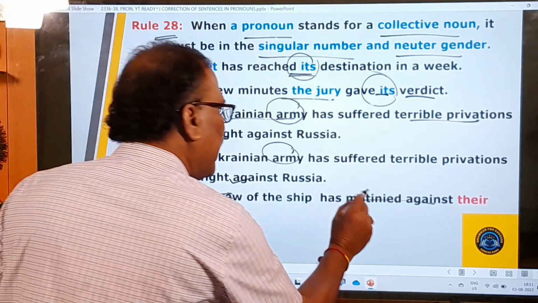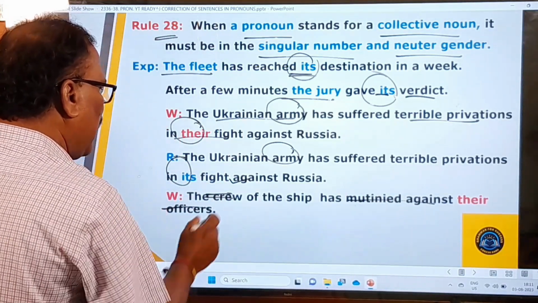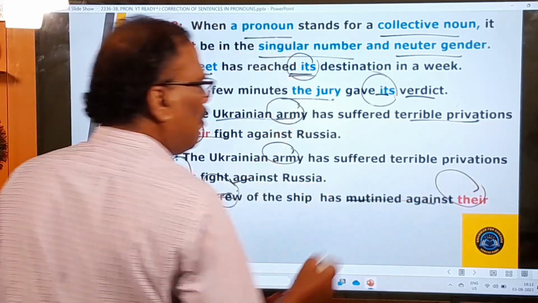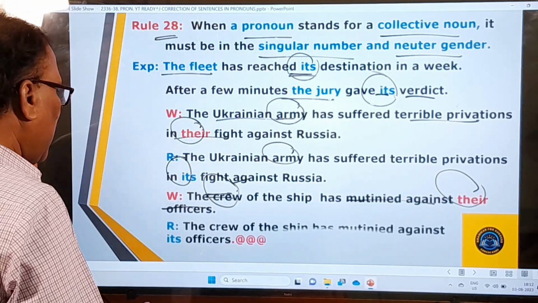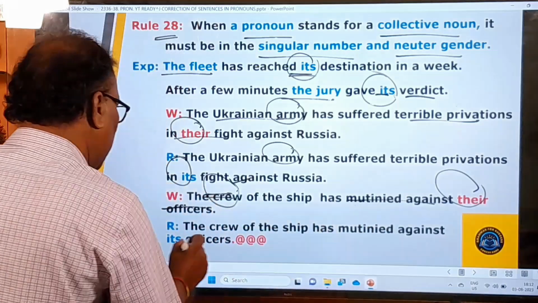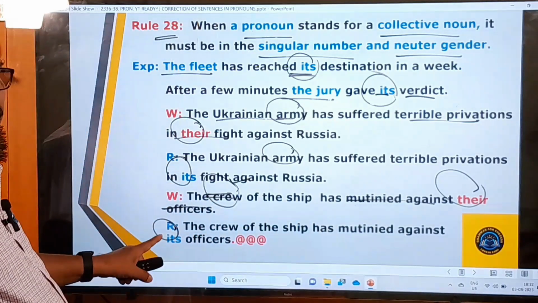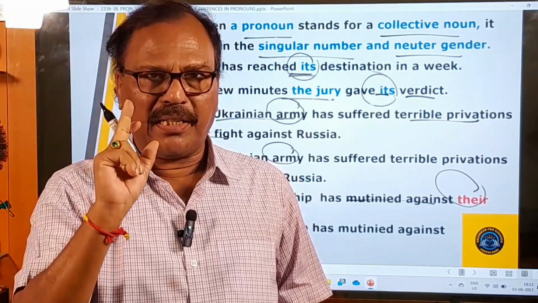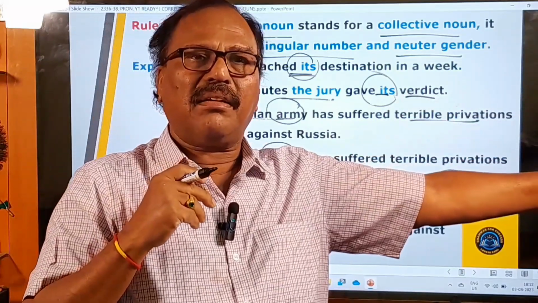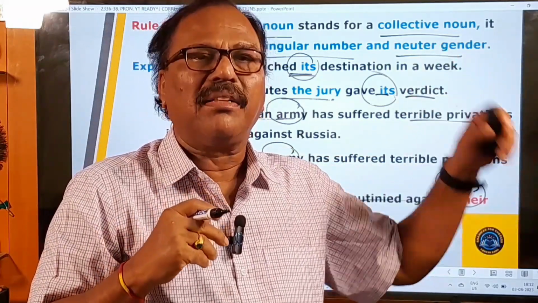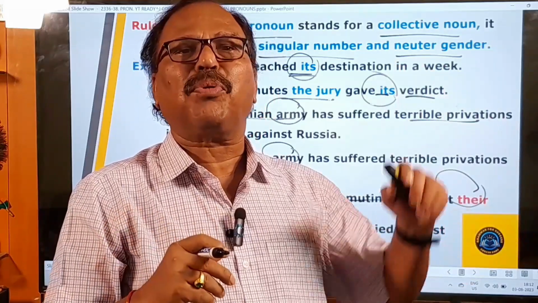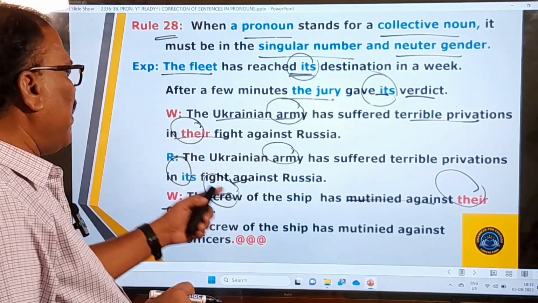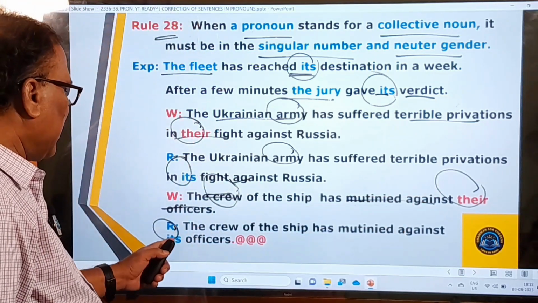Here crew is a collective noun, but a plural pronoun is used. The right one: the crew of the ship has mutinied against its officers. All collective nouns are singular, so we should use only singular pronouns, not plural pronouns. In the examination, if a plural pronoun is given like this, you have to correct it like this.